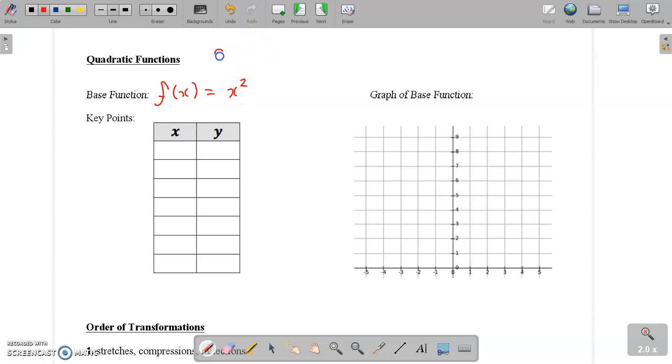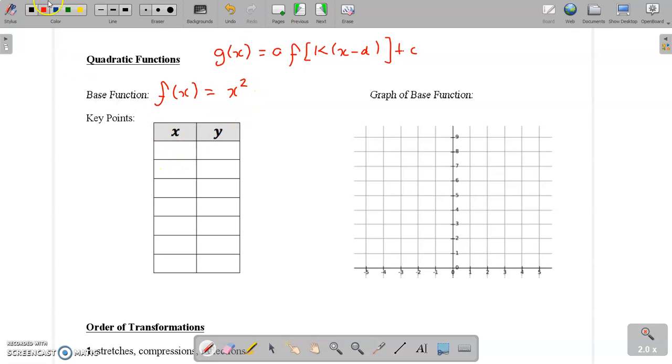And if we compare that to the transformed function, a times f of, you should get comfortable writing this out, x minus d plus c. In the original function, your a value is 1, that's why you don't see it. Your k value is 1, you don't see it. And then your d and c values are zeros.